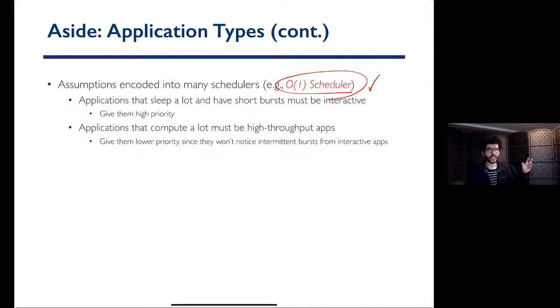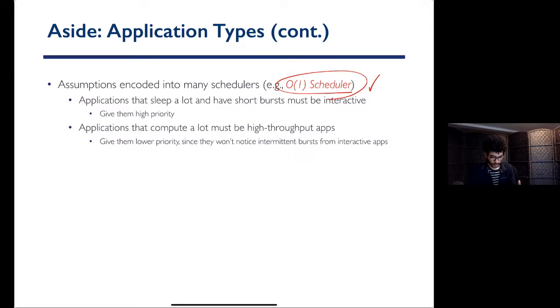There is an error in predicting the CPU burst, but also there is an error in predicting types. So you might think that your application is a streaming application, or a gaming application, or an interactive application, and maybe it is not. Maybe it is acting like one, but it's actually some other application.